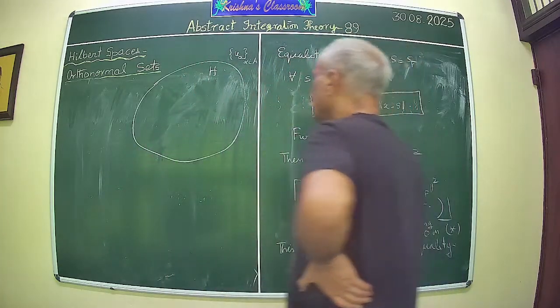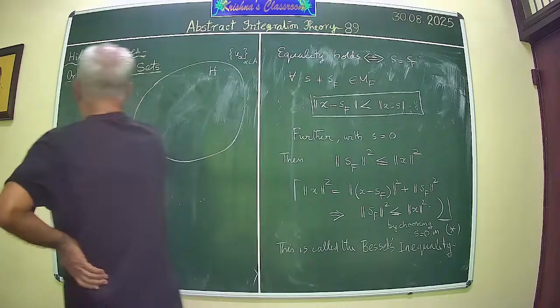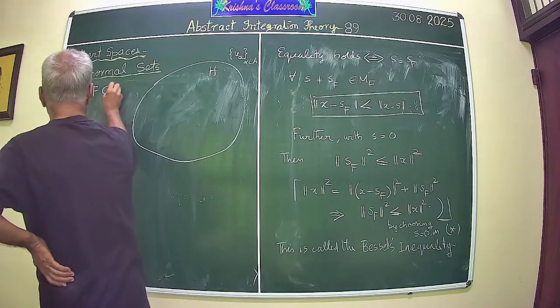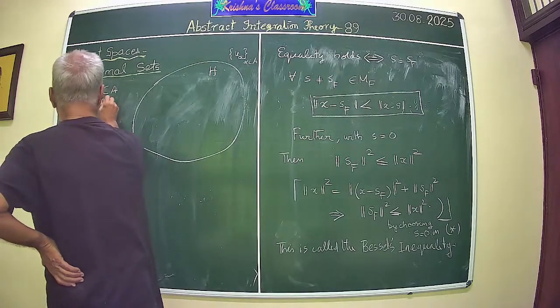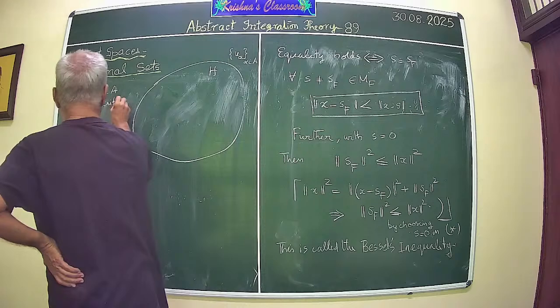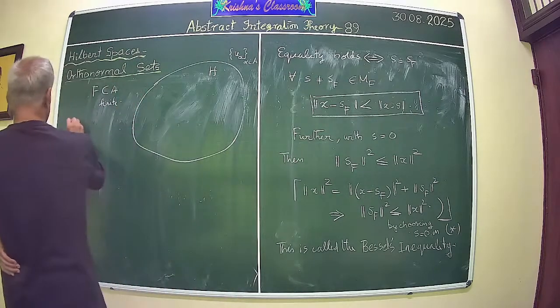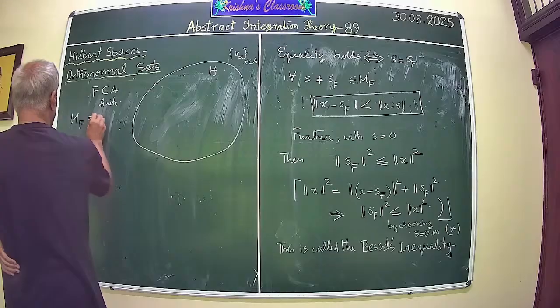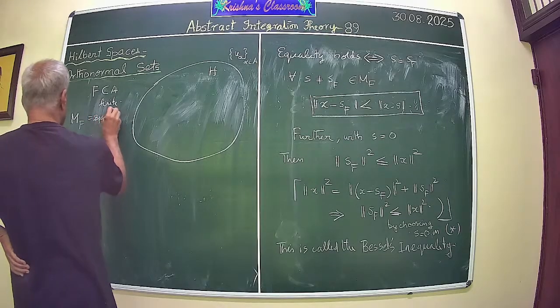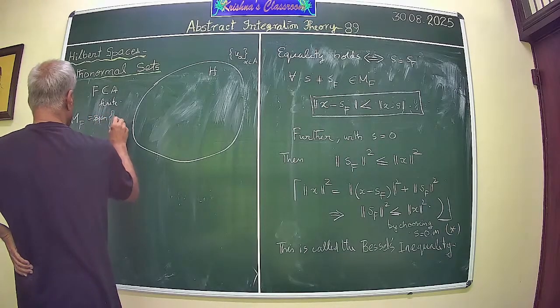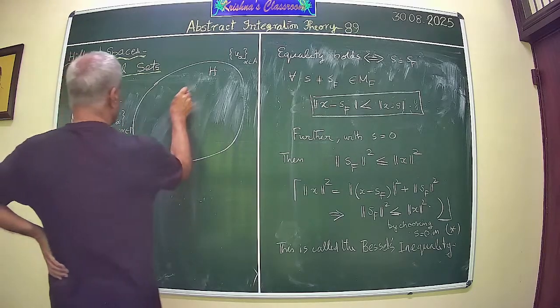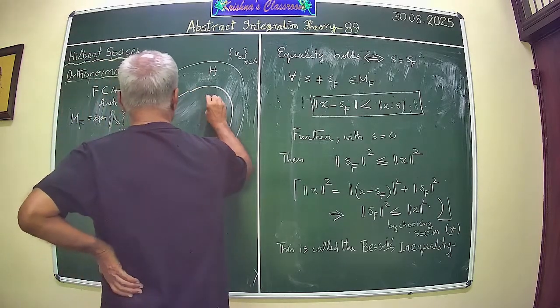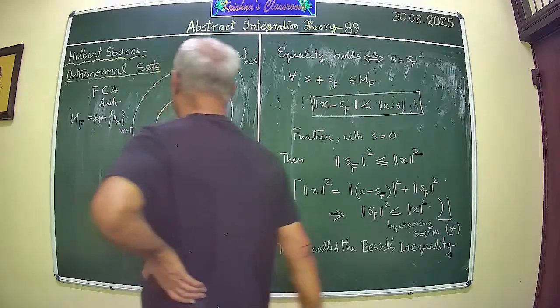Okay. Now you take F contained in A and you have MF as defined before, span of U alpha for alpha in F, so you have MF is a subspace.